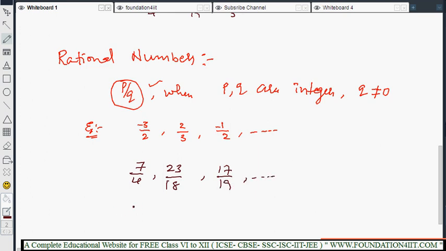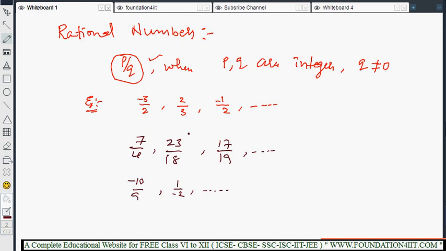Then if you see the negatives, minus 10 by 9, 1 by minus 2. So the negative may be in the numerator or denominator. These are all rational numbers. Let us see some more points on rational numbers.